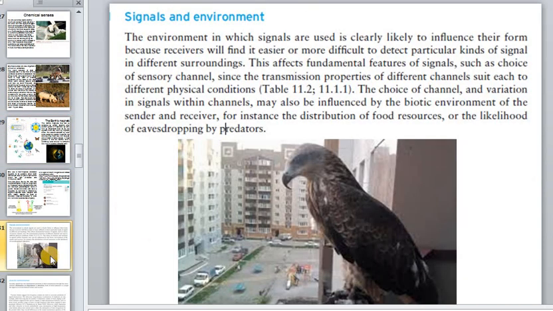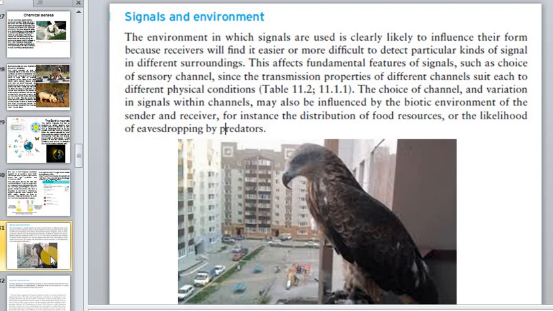And we say that signals and environment are very close to each other, and the environment in which signals are used is clearly likely to influence their form, because receivers will find it easier or more difficult to detect particular kinds of signal in different surroundings.